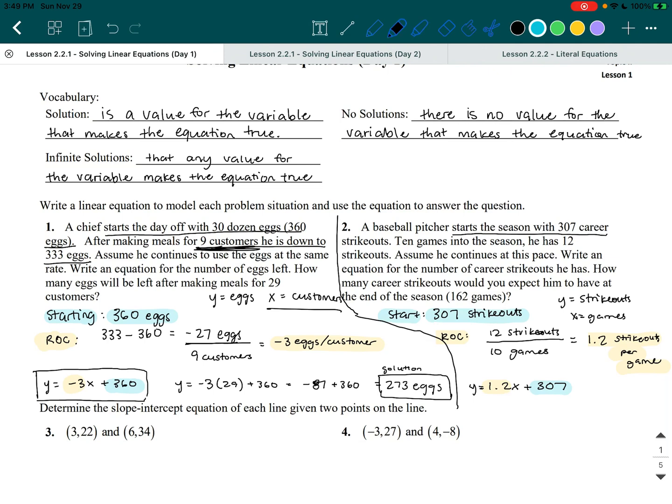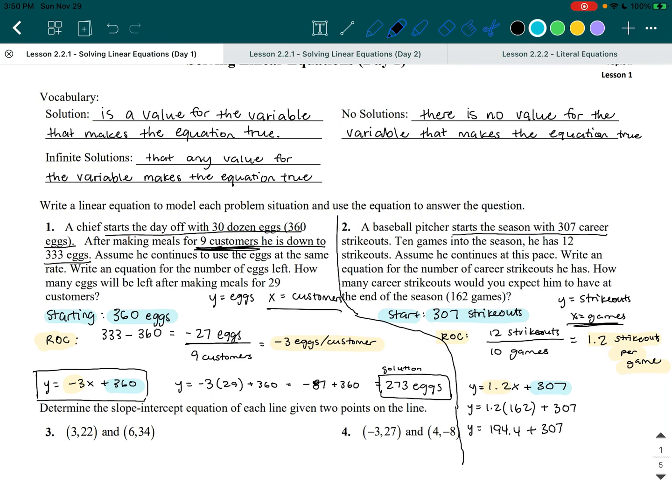Okay, now we're going to use this to help us solve for how many career strikeouts this guy would have after 162 games. So we're going to plug in 162 as our x value. So y is equal to 1.2 times 162 plus 307. 1.2 times 162 gives you 194.4.